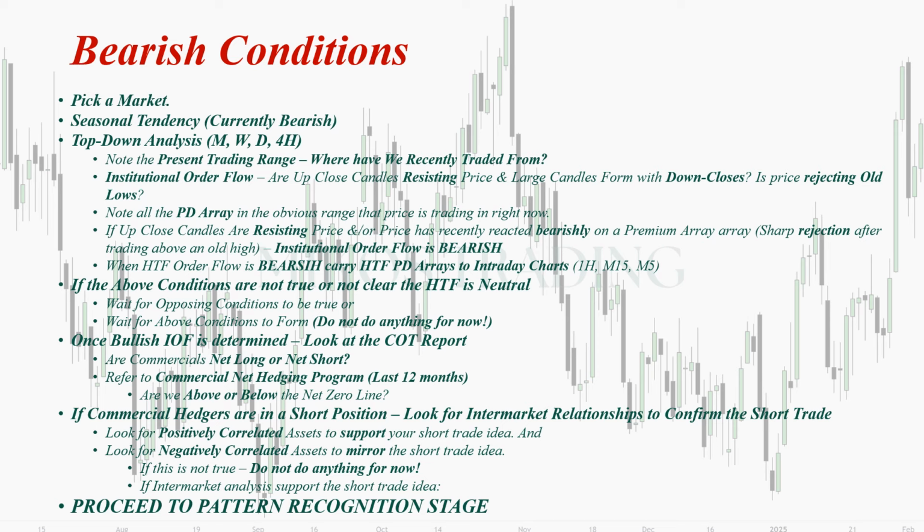Look for positively correlated assets to support your short trade idea, and look for negatively correlated assets to mirror the short trade idea. If this is not true, do not do anything for now. If intermarket analysis supports the short trade idea, proceed to the pattern recognition stage.